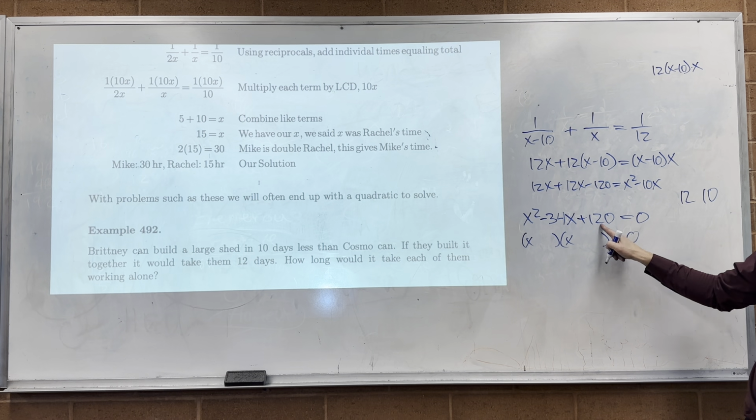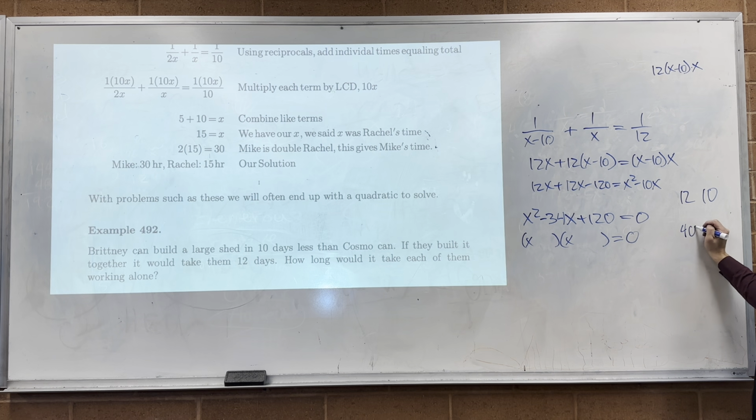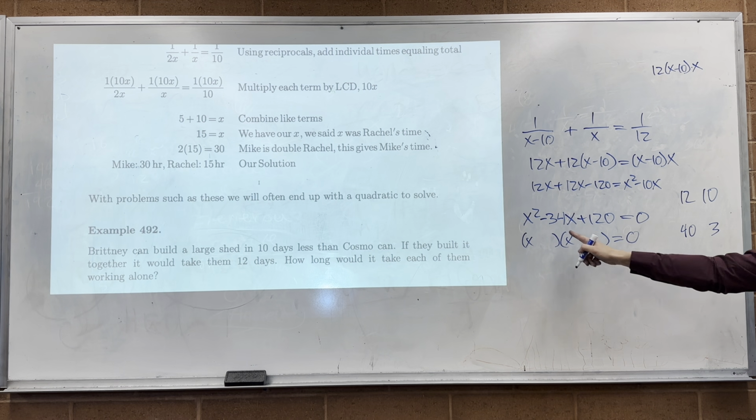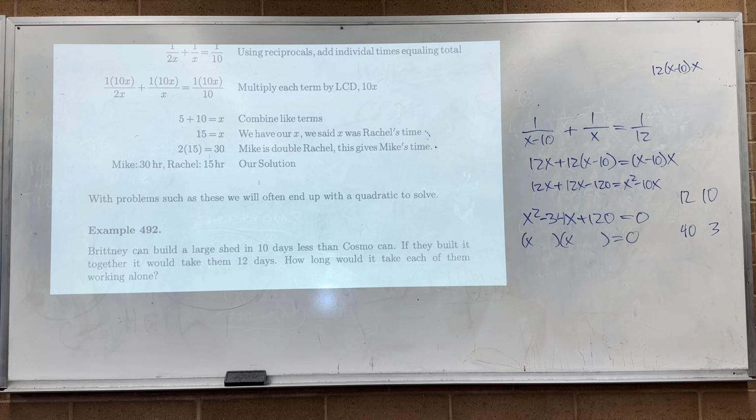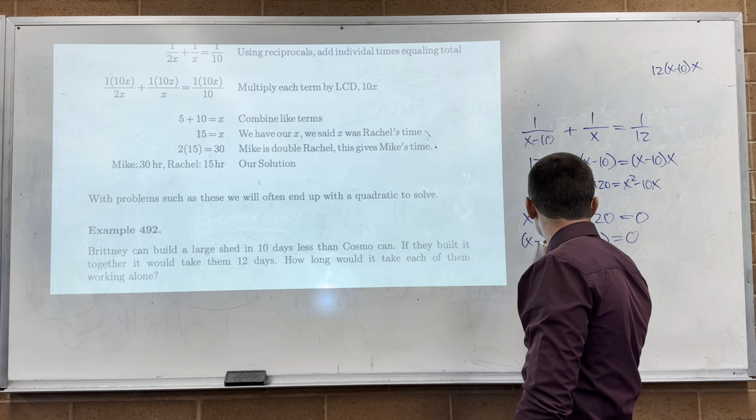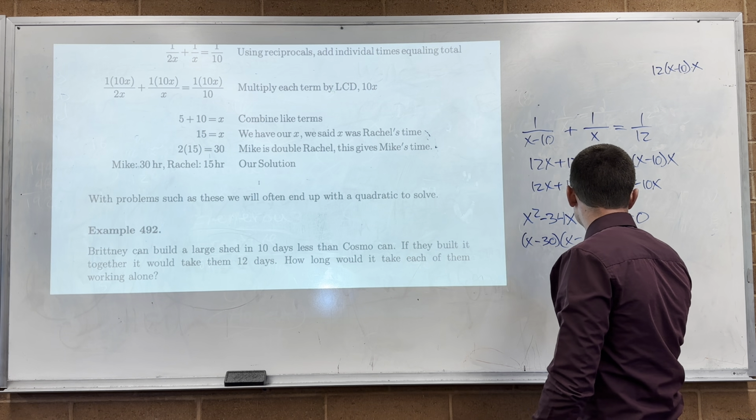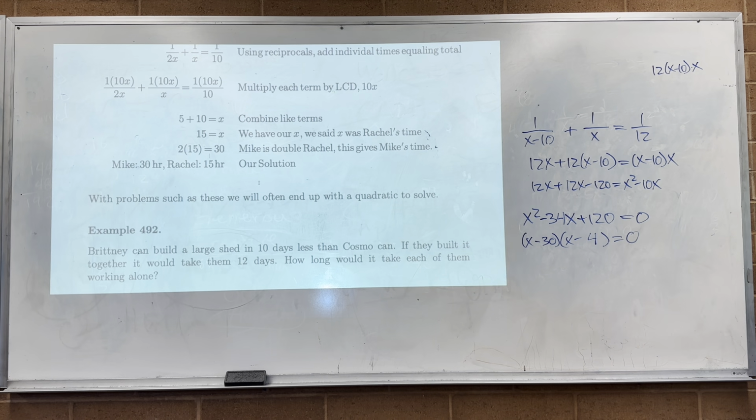Let's see, we could also do 40 and 3, but adding those together gives me 43, not 34. Let's see, if we did 20 and 6... Why don't you do 30 and 4? There you go, very common sense. Minus 30 minus 4. Good answer.